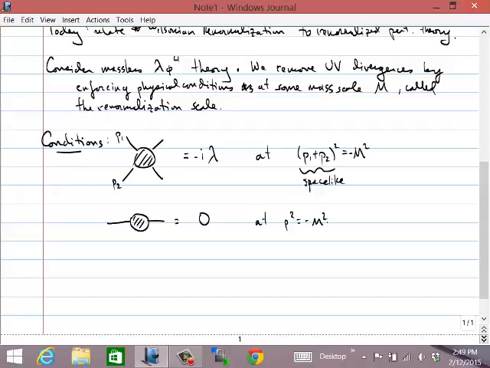And its first derivative with respect to p squared also must vanish at p squared equals minus M squared. And these two conditions enforce the fact that your 2-point function has a pole at p squared equals 0, as opposed to some other value of p squared, and moreover that the residue of that pole is equal to 1.